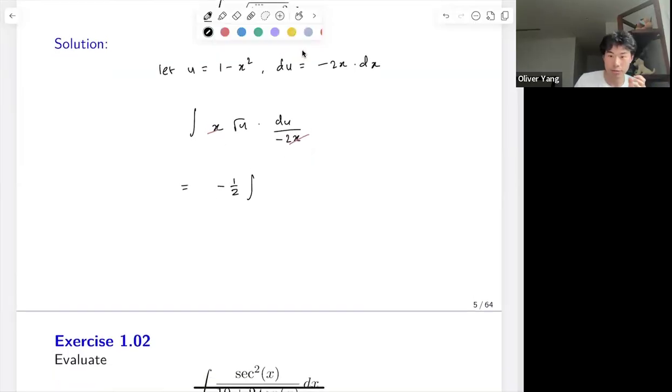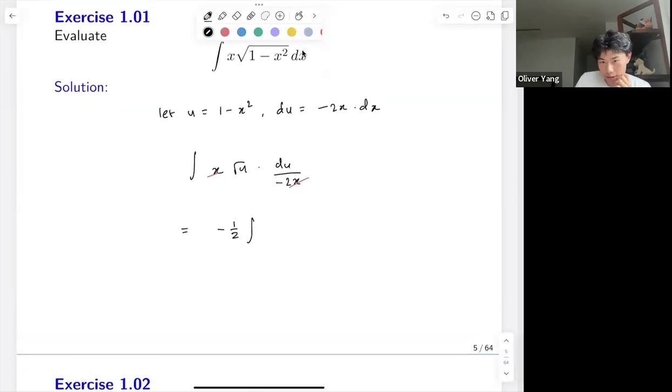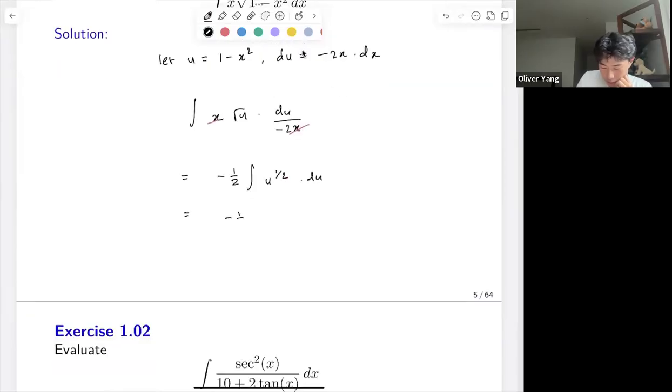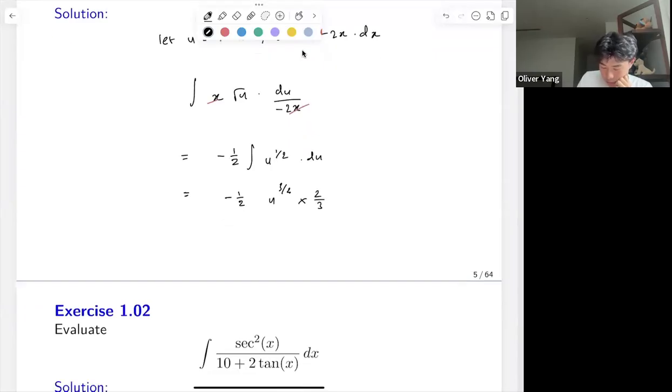So now we're integrating with respect to u. In this integral, it's the same as a half power, so we raise it by 1 and then divide by the new power, so times by 2 on 3, and then plus c.